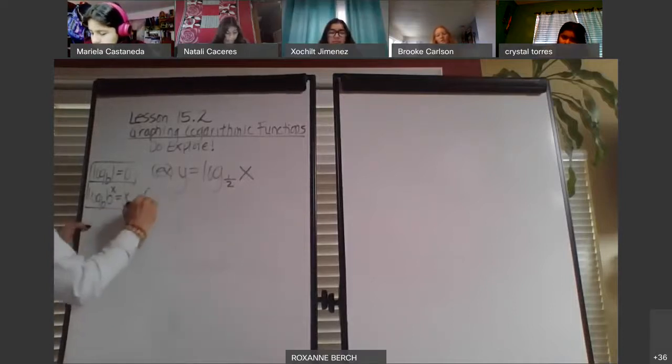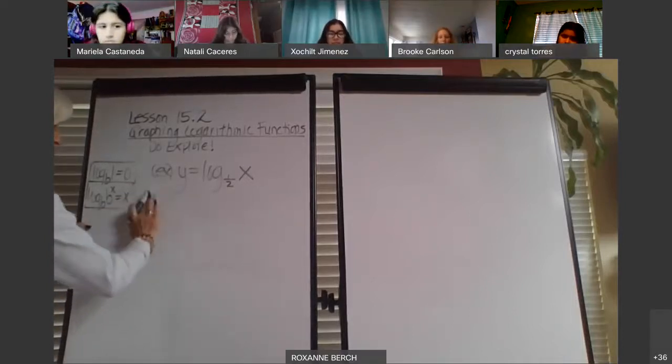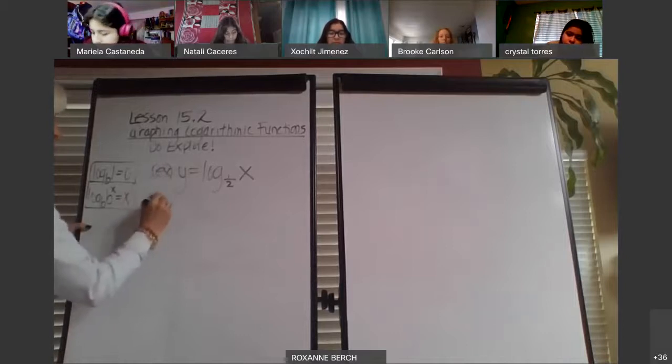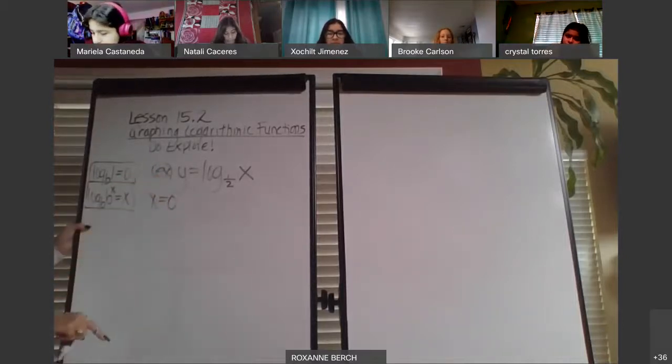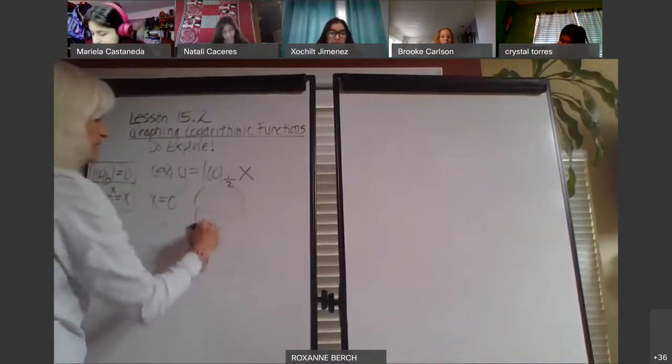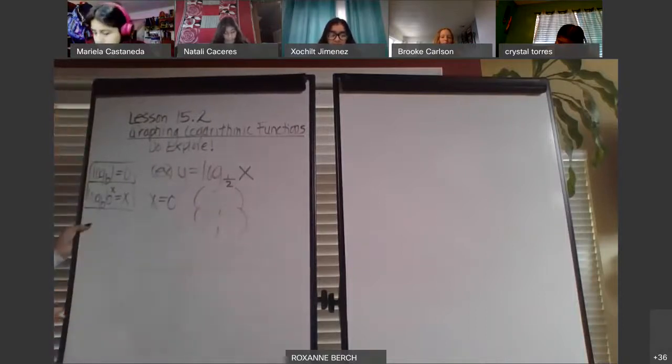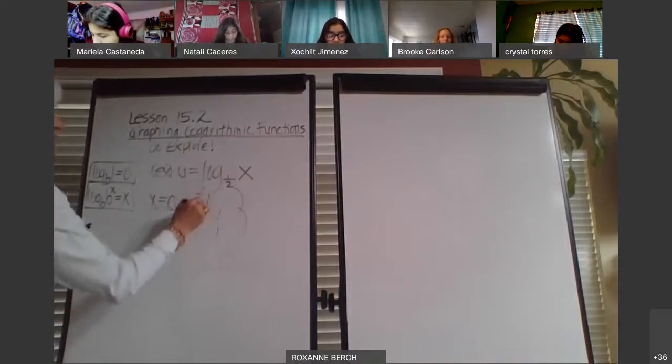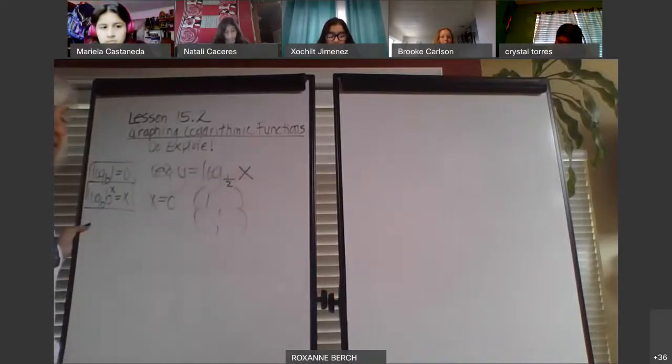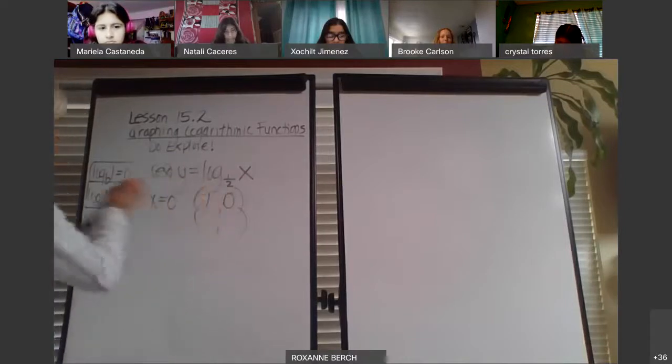So once again, we have a vertical asymptote at x equals 0, and the parent points would be what? Well, right now we love the number 1, so log base 1/2 of 1 would be 0 because of this property.